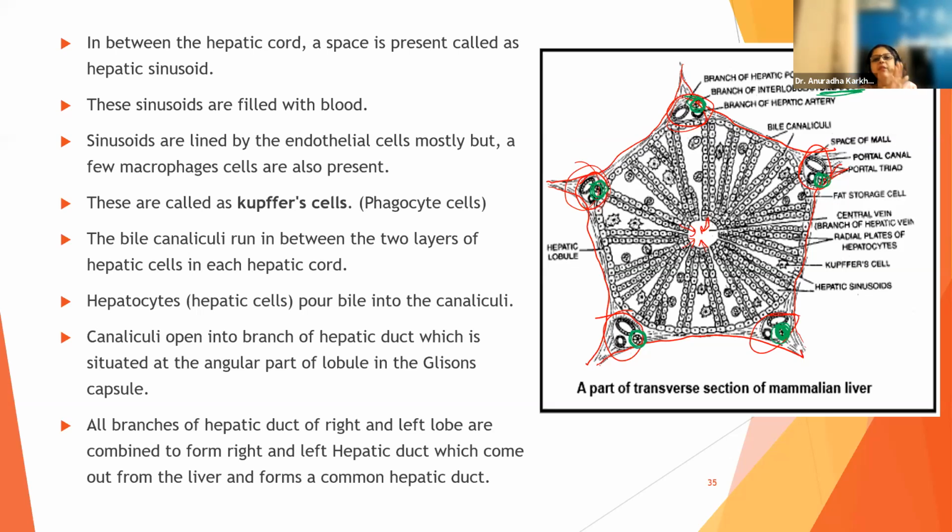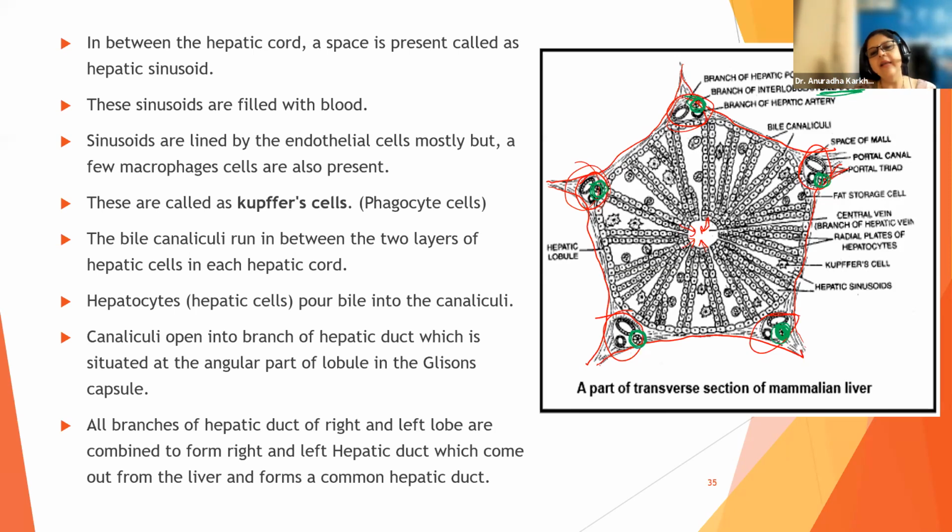This canaliculi will then open into an interlobular bile duct. All the branches of this interlobular bile duct from the right side will merge together, from the left side of the liver will merge together and come out as the right duct and left duct of the liver.